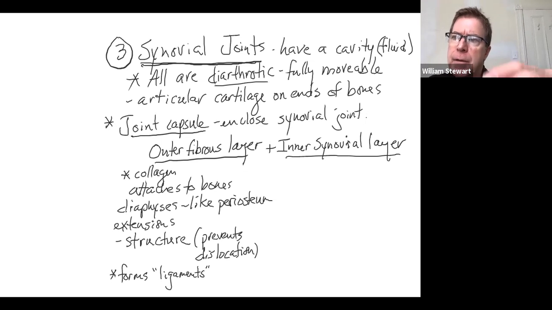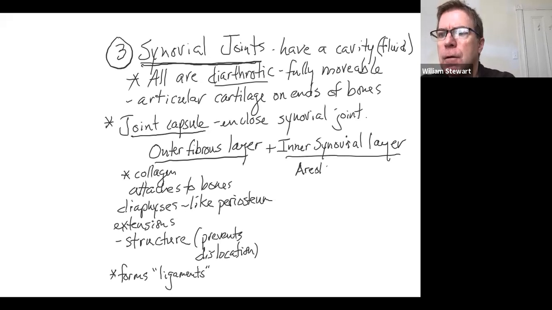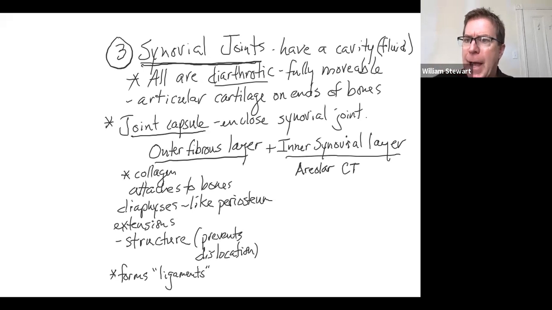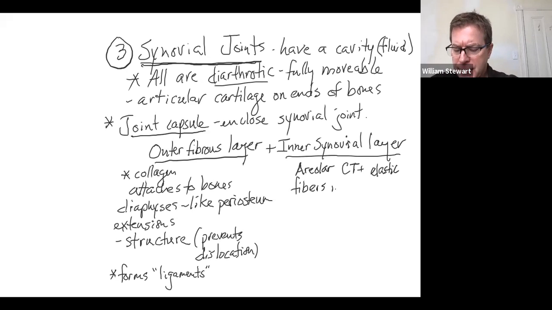All right, now I'm going to talk about the inner synovial layer a little bit. It's mostly made up of areolar connective tissue, in addition to elastic fibers, not collagen fibers, and some adipose tissue as well, fat pads.